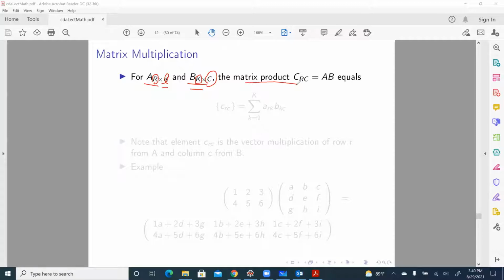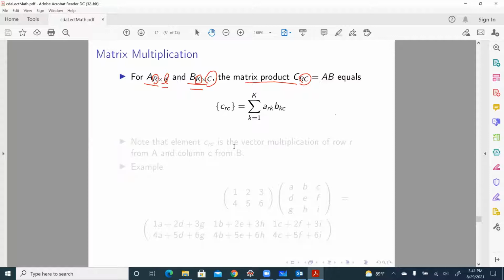Then the matrix product C, which is going to have dimension R by C, that is R rows and C columns, is equal to, here, each element in that matrix is going to be equal to, well, also the multiplication of what?